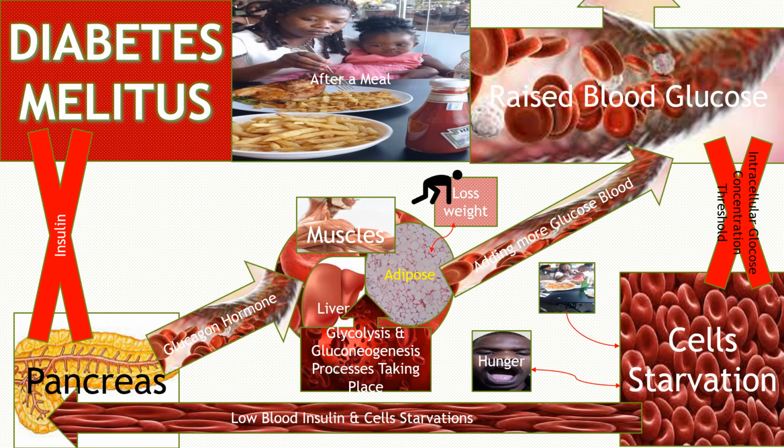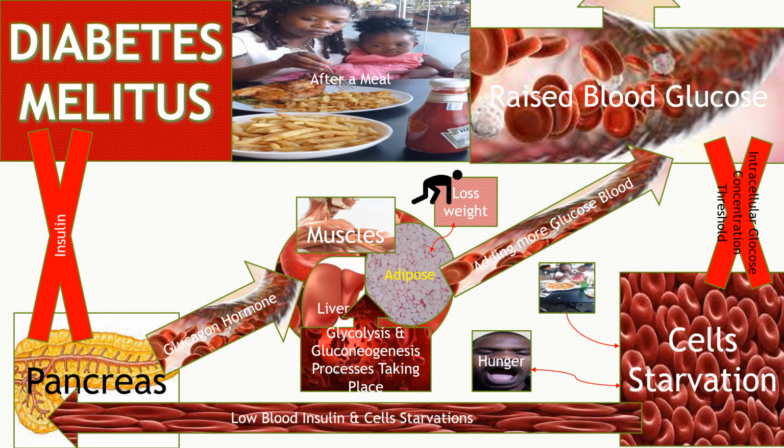The low blood insulin and cell starvation stimulate the pancreas to secrete glucagon hormone. Glucagon hormone stimulates the breakdown of stored glycogen in the liver and muscle to form glucose, which is added to the bloodstream, increasing more blood glucose concentration.